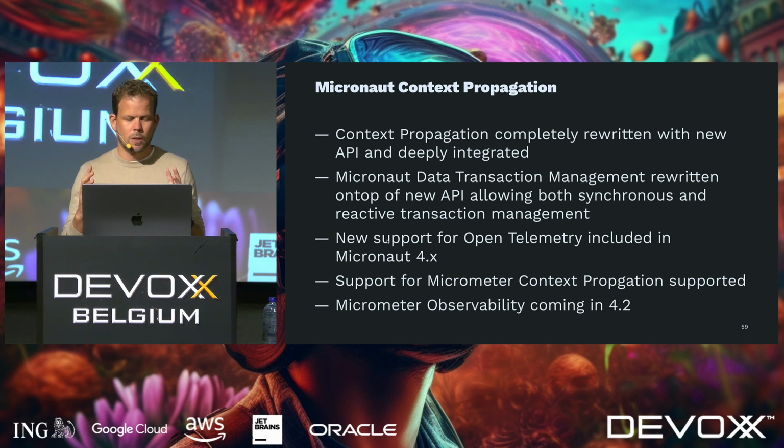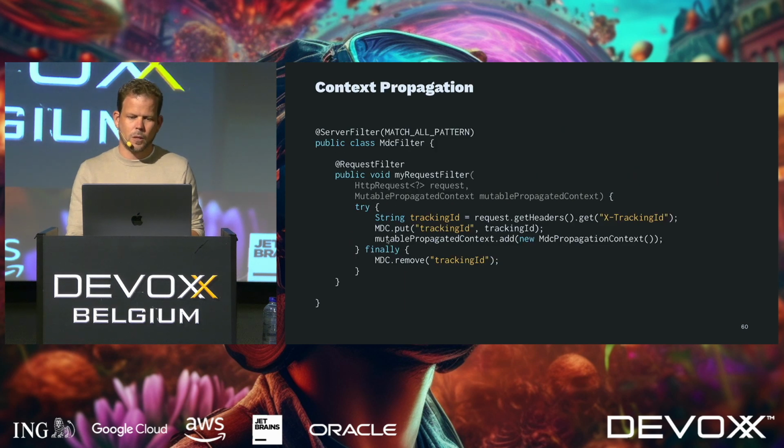And we're introducing Micrometer Observability support in Micronaut 4.2. Basically, this is a common problem in microservices, or in applications in general, to be able to provide this kind of telemetry and propagate the context from one thread to another, from one invocation to another.